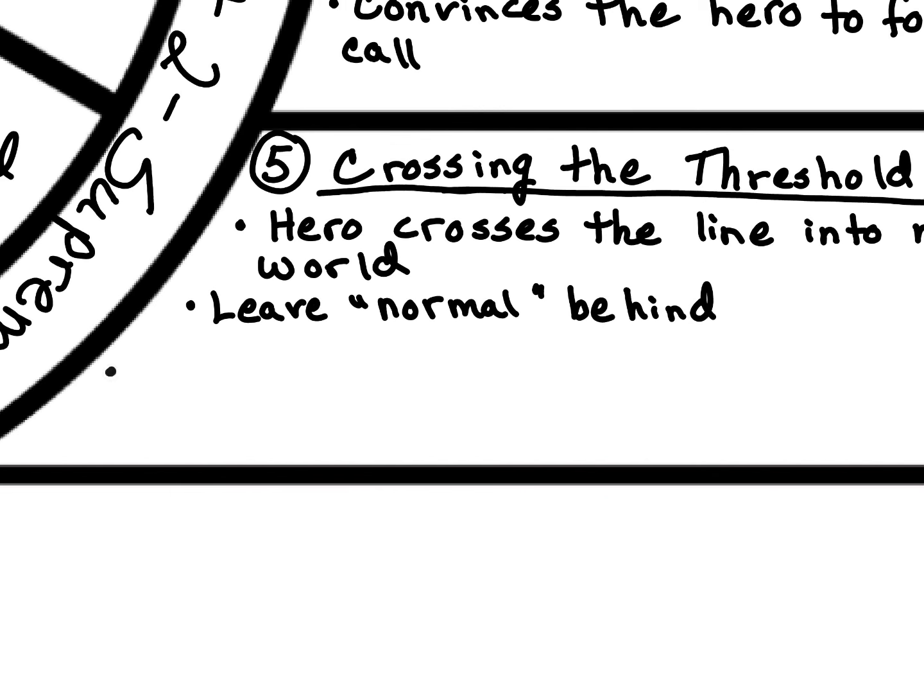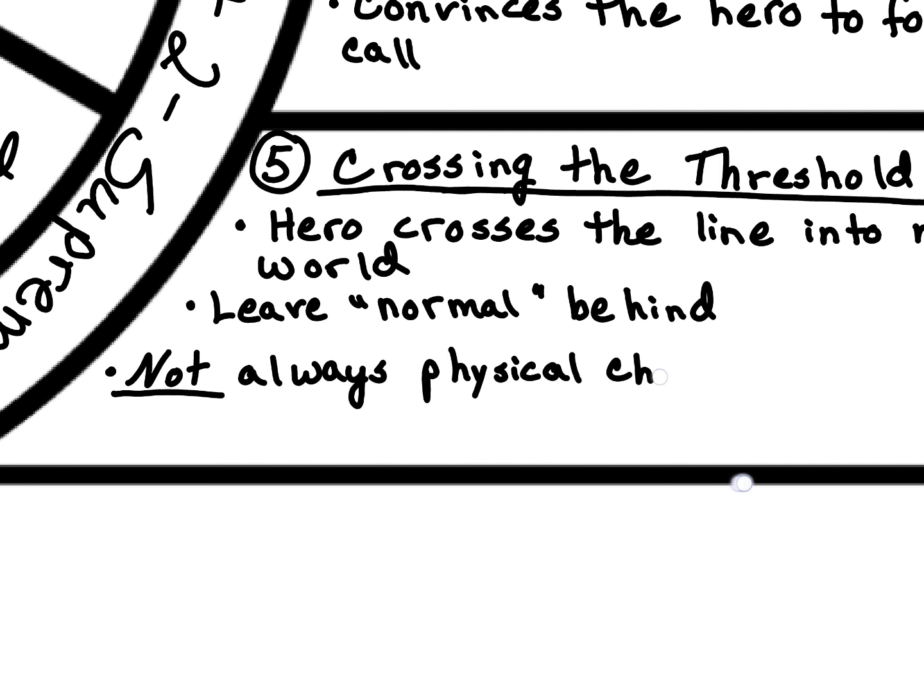This is not always a physical change, although some of the examples I have given are a physical change. Sometimes it can just be a mental change. It can be a mindset change.